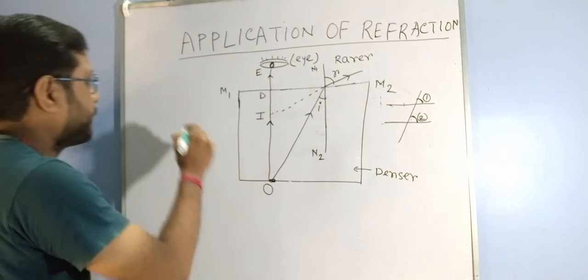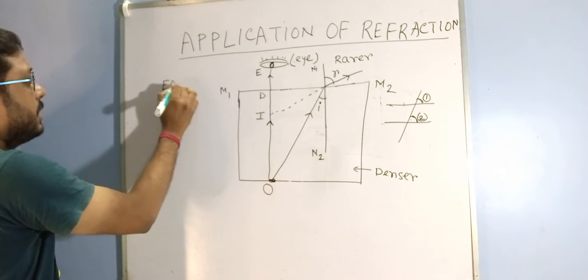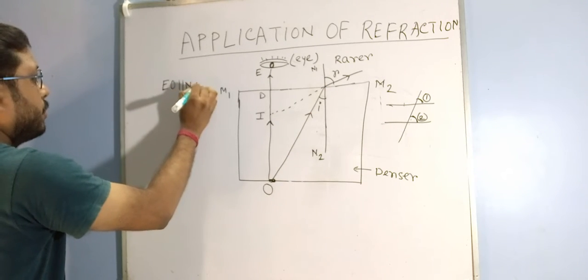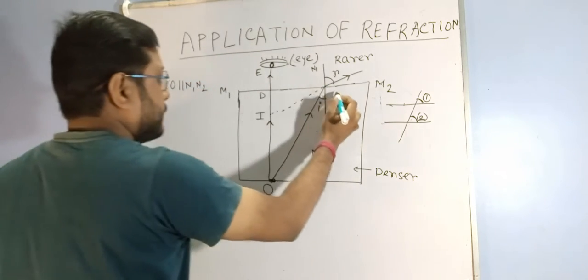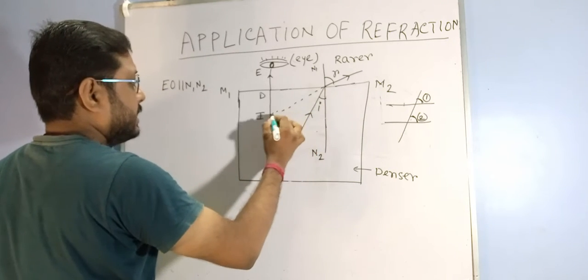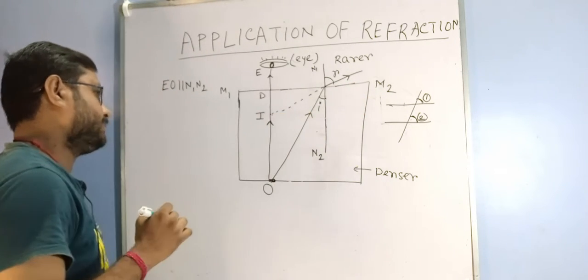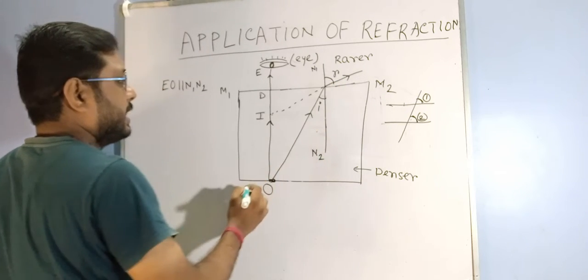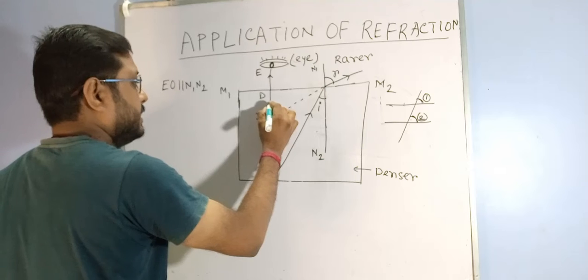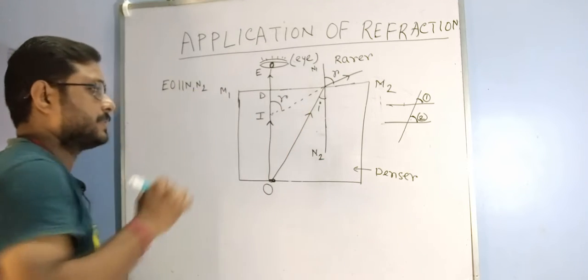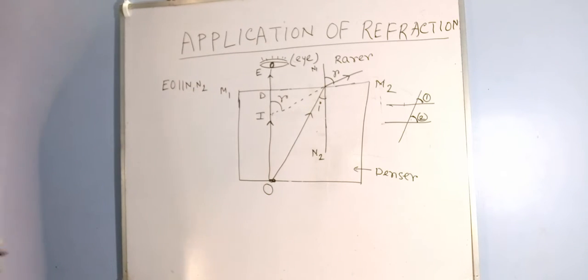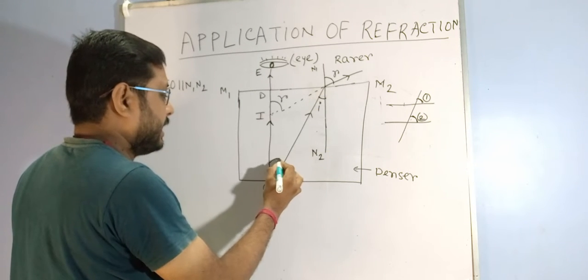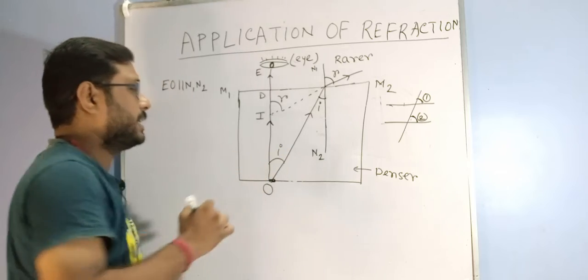As EO is parallel to N1, N2, and this is the line of intersection, two similar angles are produced, this angle and this angle. This angle will also be R. And again, the angle I and this angle is also I because of alternate angle.